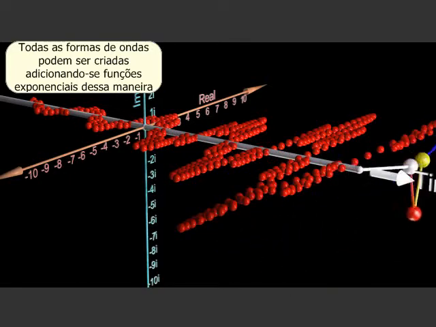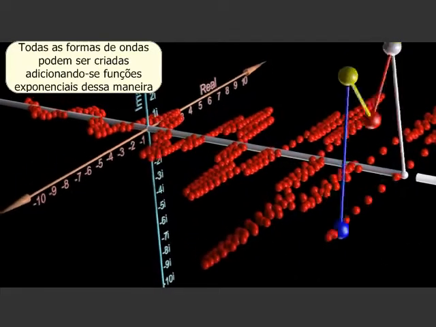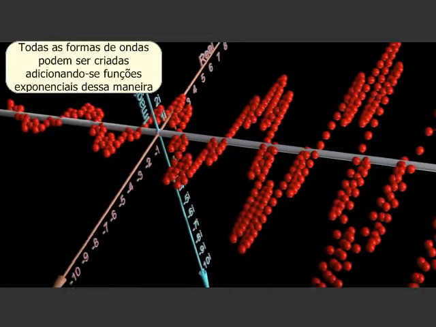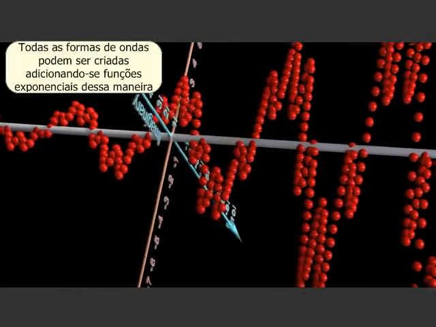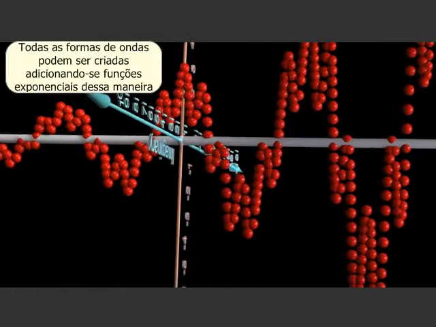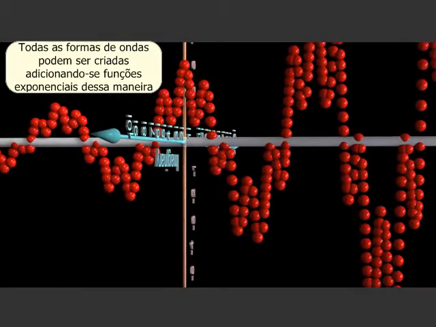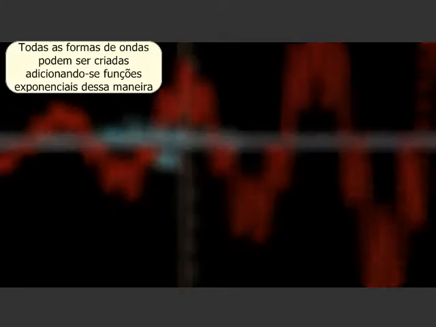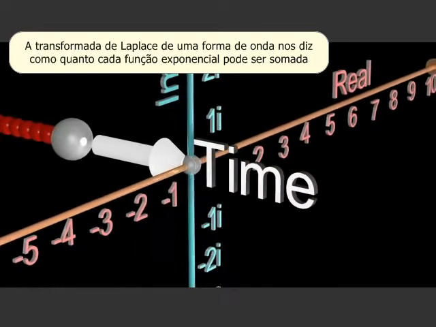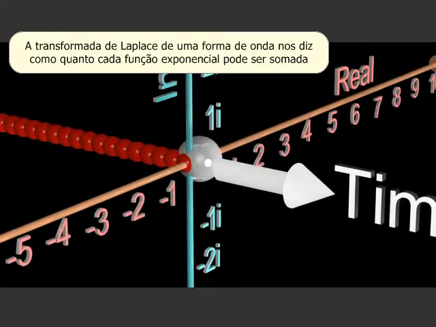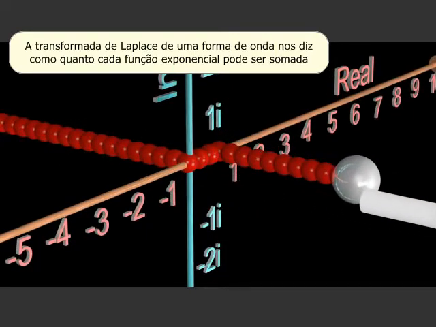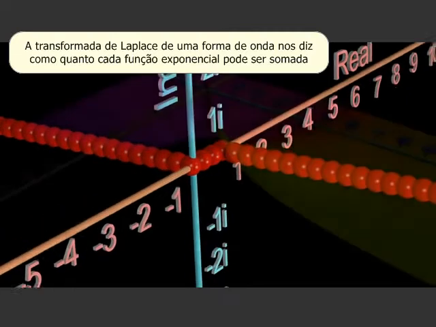All waveforms can be created by adding together exponential functions in this way. The Laplace transform of a waveform tells us how much of each exponential function to add.